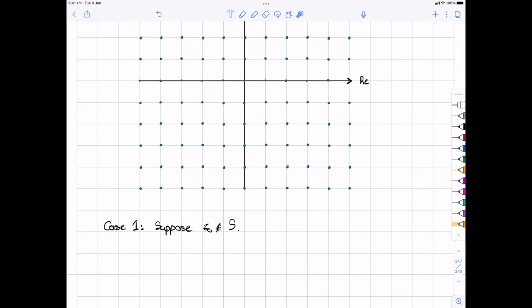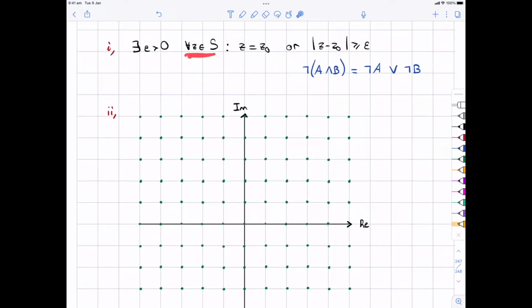Now, the very first thing I can notice in this case is that the first part is obviously true, because our z0, as we said, is not in S, and we're talking about z being in S. So my z0, if I was to place it somewhere, maybe it would sit here, not on one of those lattice points. This is my z0. I'm just going to label it over there, z0. Obviously, z is not equal to z0 because it's not a lattice point.